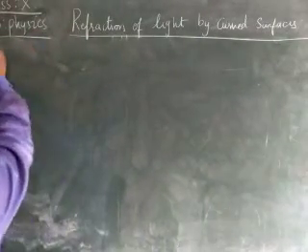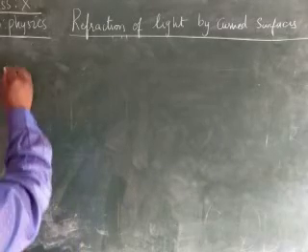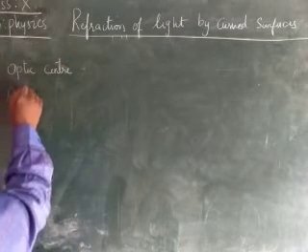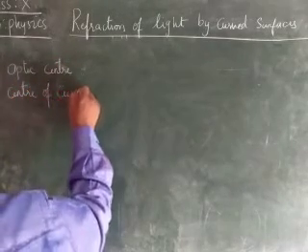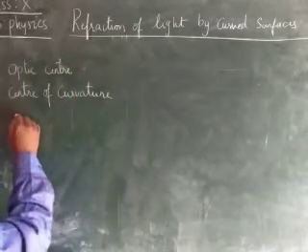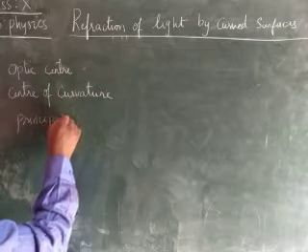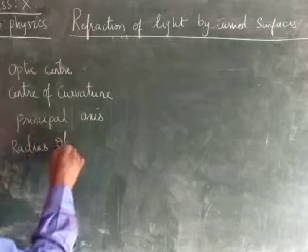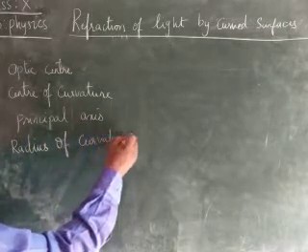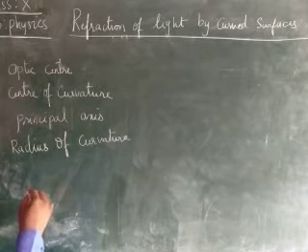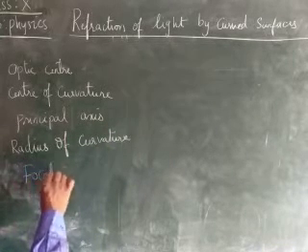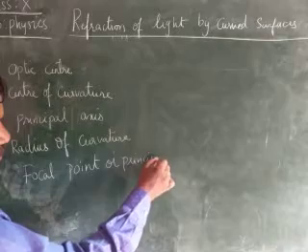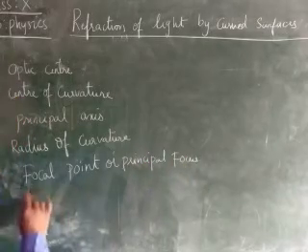What are the terms involved in lenses? Optic center, center of curvature, principal axis, radius of curvature, focal point or principal focus, and focal length.